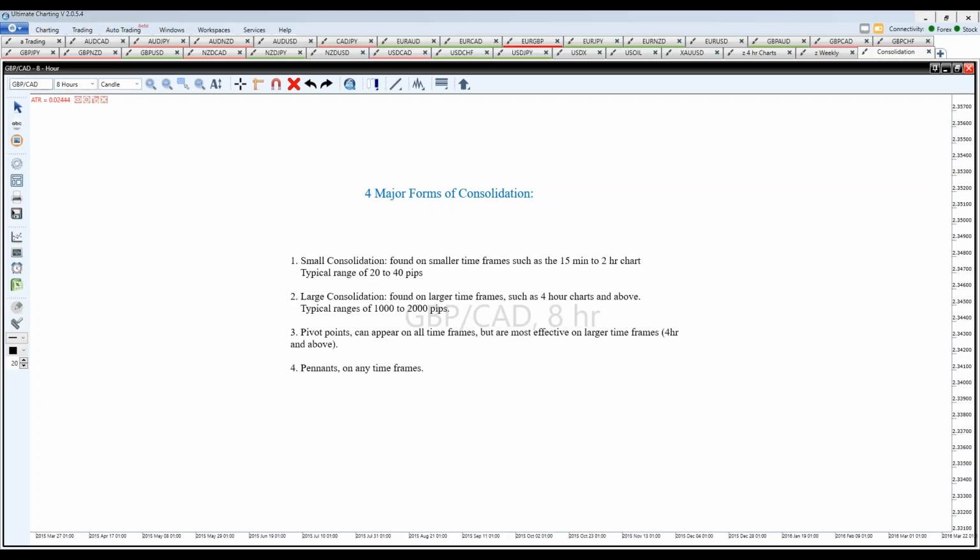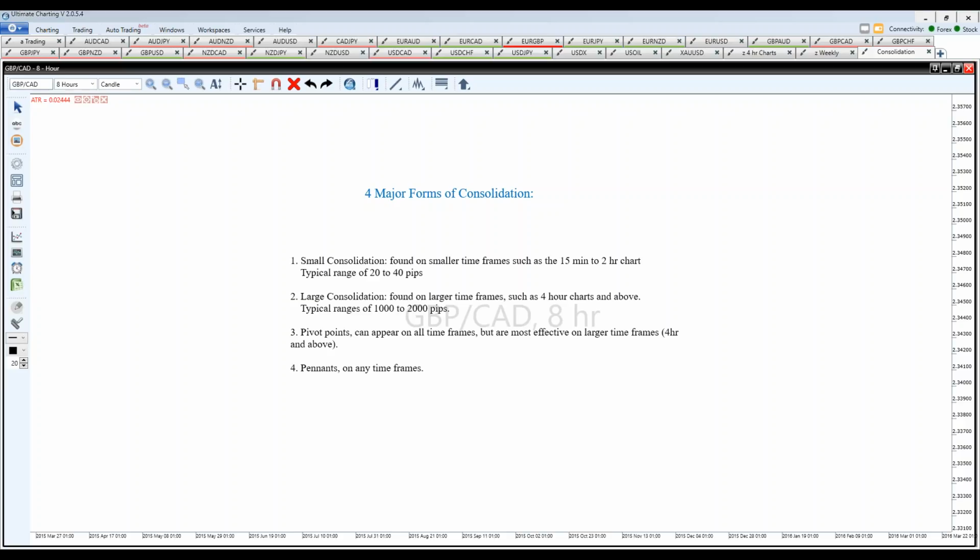And we have pennants, which can also be found on all time frames, but will report more benefit to us as traders when identified on the larger time frames as well.